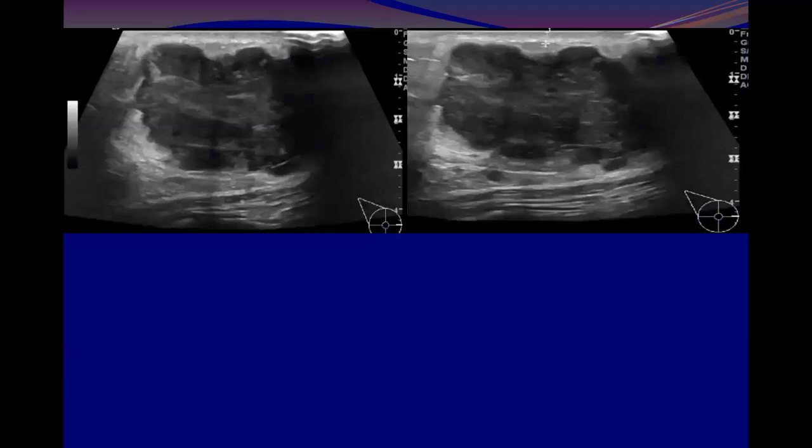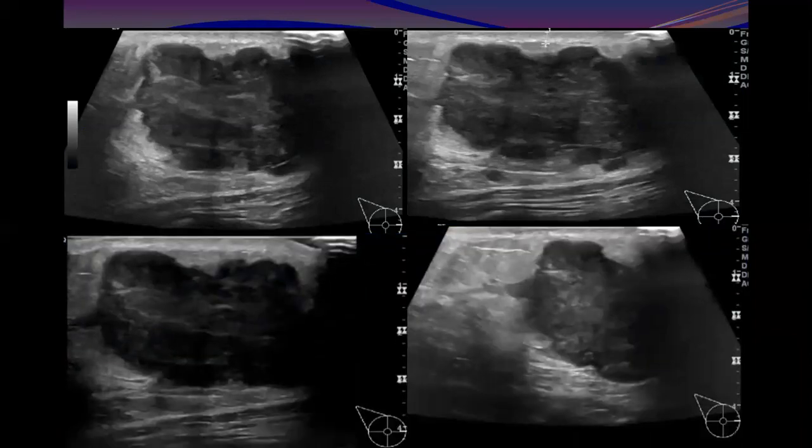Again, this is definitely a suspicious lesion, microlobulated, angulated, and so on, with posterior enhancement, but it is heterogeneous like that. It's suspicious, but I could say phyllodes tumor or cancer.